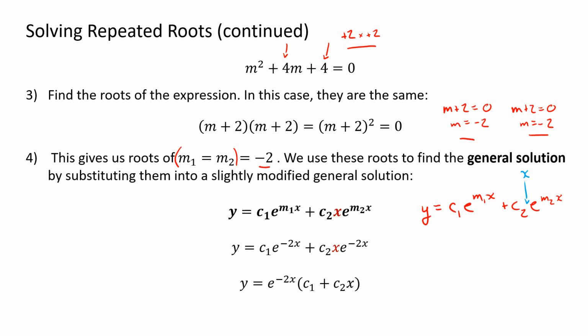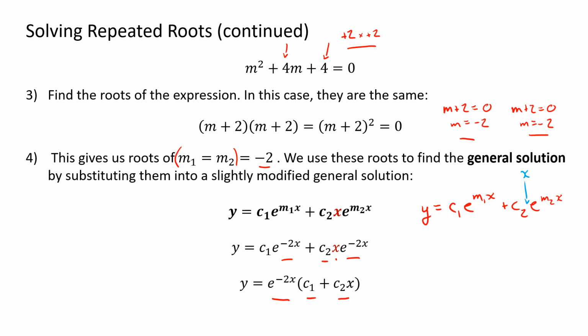So in the case that we have here, we have c1 times e to the negative 2x plus c2 times x times e to the negative 2x. So with that, we can factor out the e to the negative 2x because it's in both functions. And the other form you'll see it in is, as it's factored, the function e to the negative 2x, and it's multiplied by the constant c1 plus the constant c2 times x.